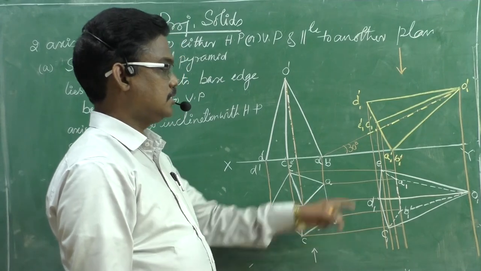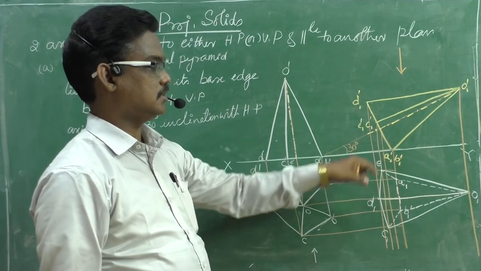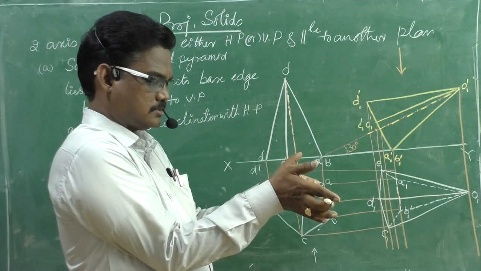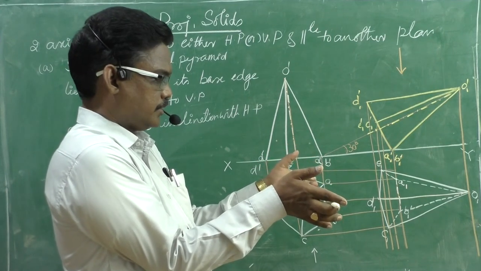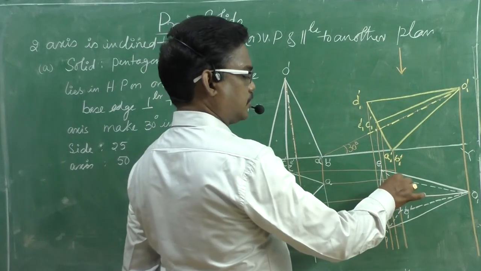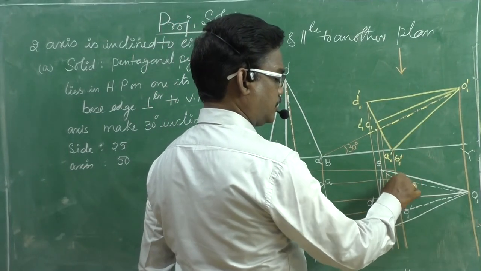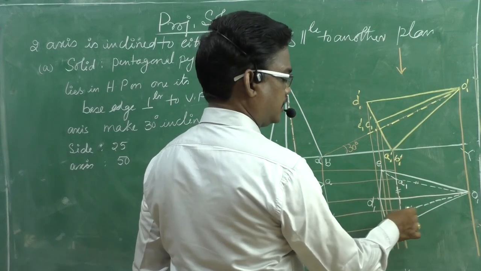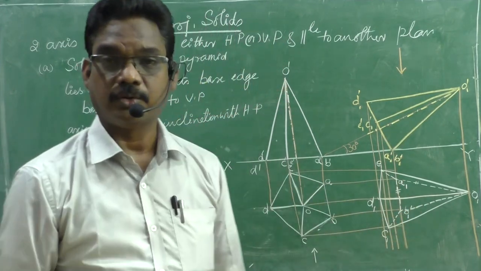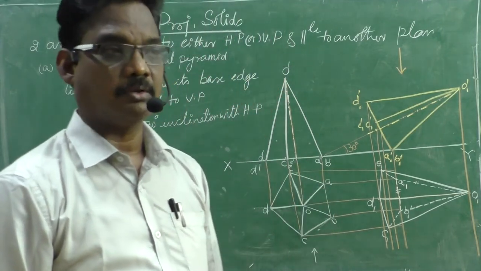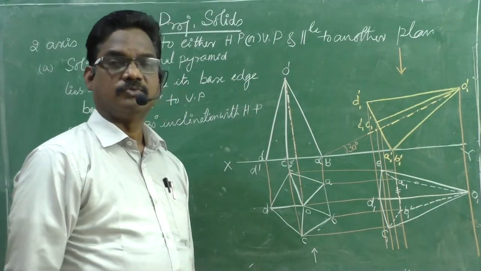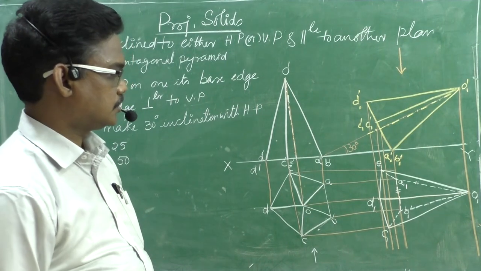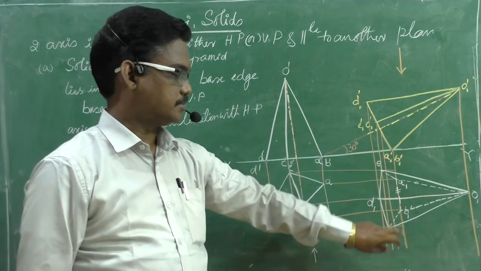Here you may ask, there is some portion here and some portion here, how do you say? Actually, if you imagine the solid, it will be like this. At the same time, of the lines which are joined at one point, if two are dotted, automatically the third will be dotted. That is the thumb rule we need to follow while identifying visible and invisible lines. This is the solution. This is the front view and this is the top view.